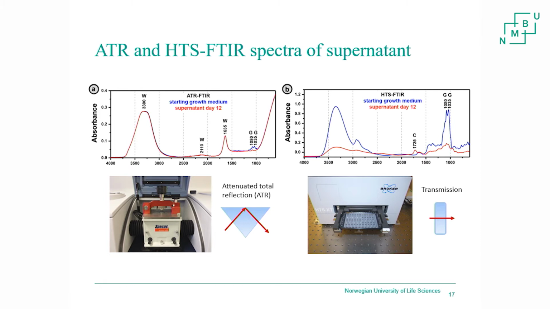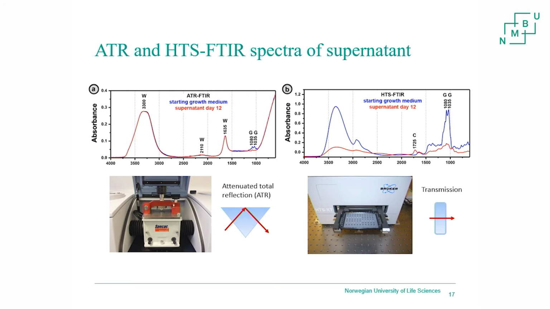But you can see that in ATR FTIR mode we get high signals from the water and very low signals from the glucose, while in the high throughput transmission mode we get very high signals from the glucose, and still high signals from the water, but much less of them. So both modes can be used for measuring these components in the media.